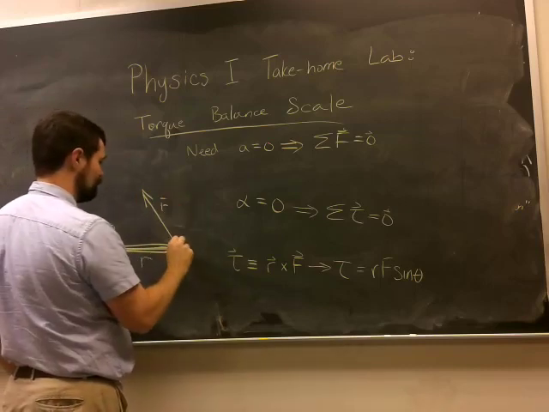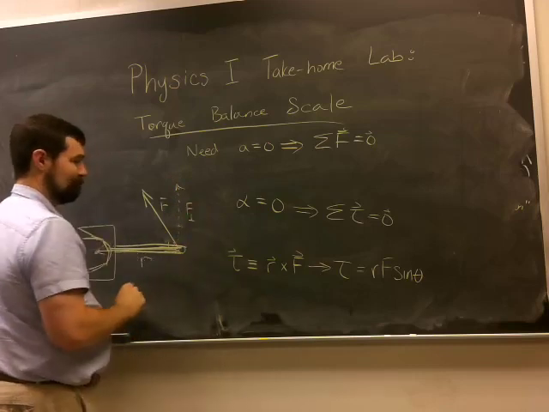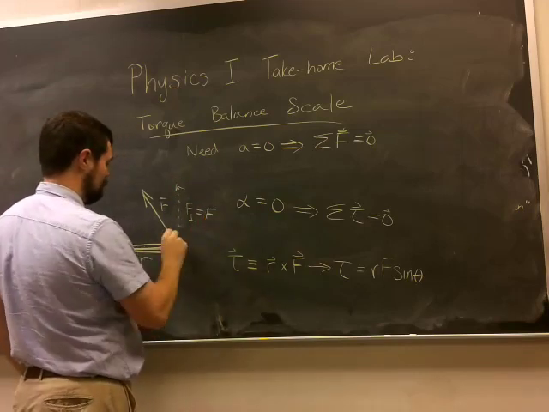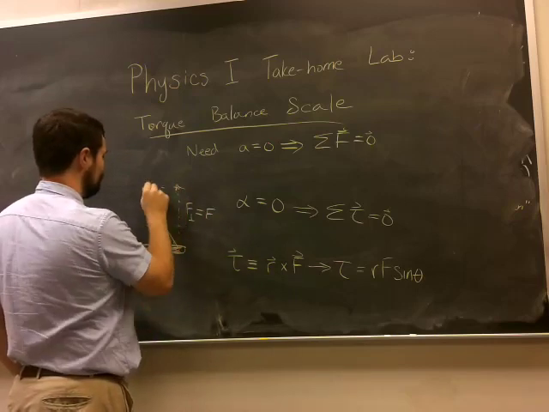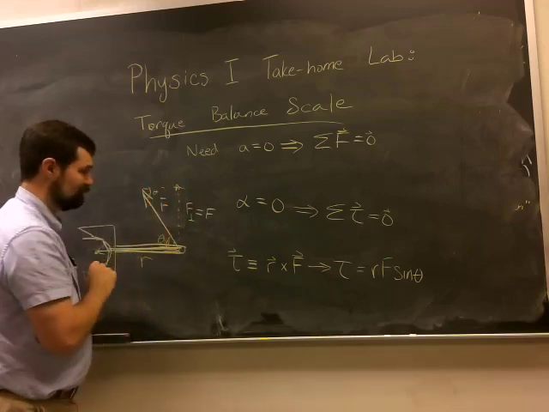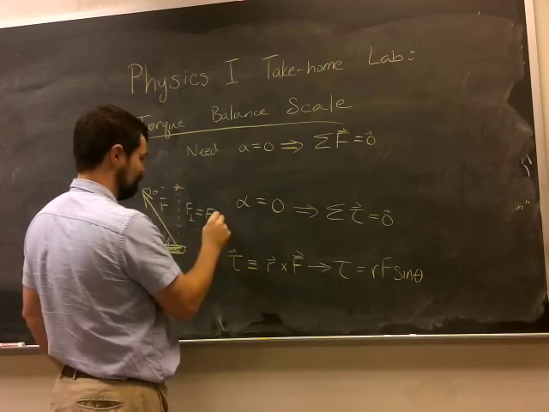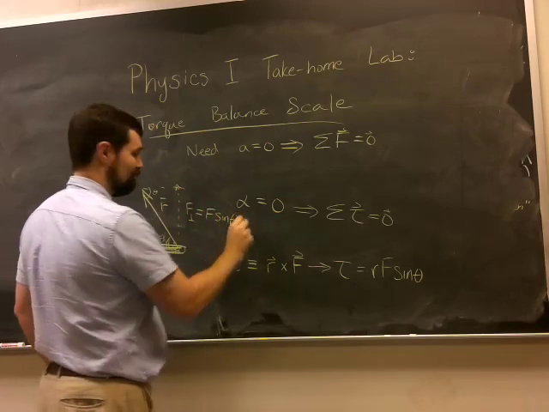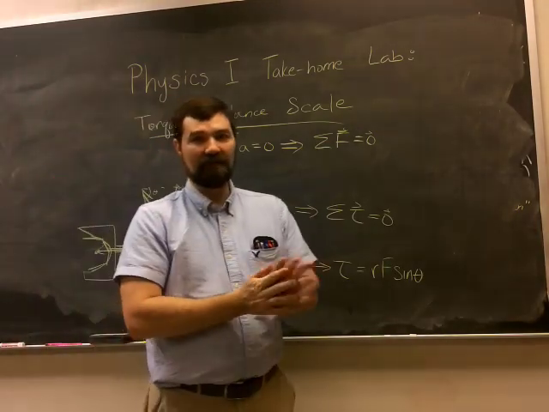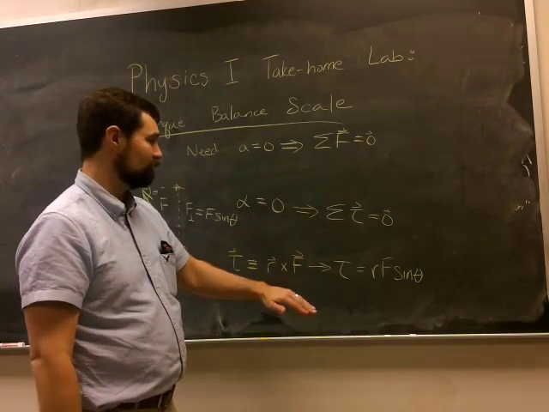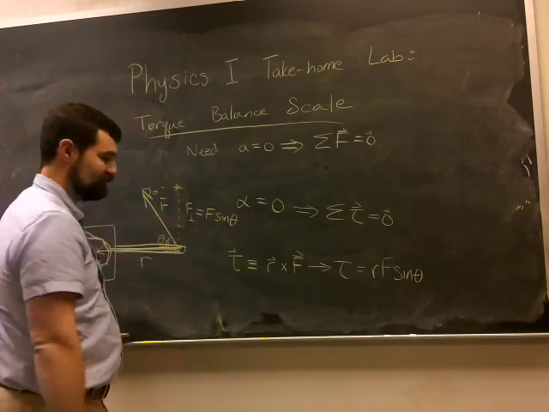And so you have sort of a perpendicular component, which is F. This right here is theta, and that also makes this theta. So your perpendicular force is this force F times the sine of theta. Okay. So that's the basic background. We're looking to balance torque, we're looking to balance force. Torques are given by this quantity, which is explained by this diagram.